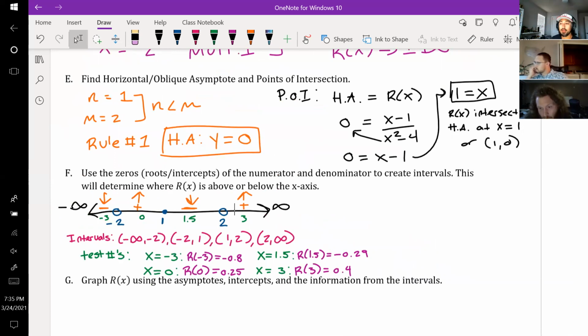All right. So the cool part about F is not only did it tell us where we were above and below the x-axis, it also gave us points of the function. So we now have 4 points that we can plot.